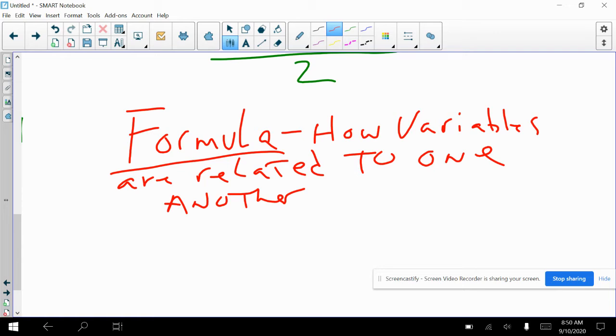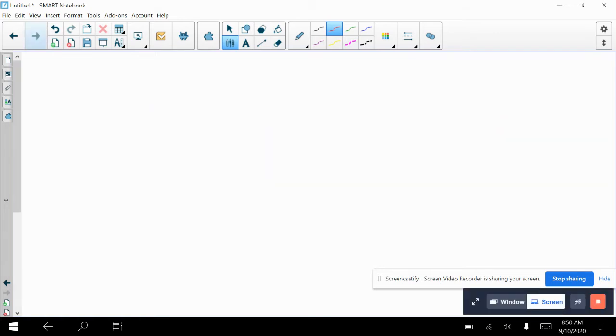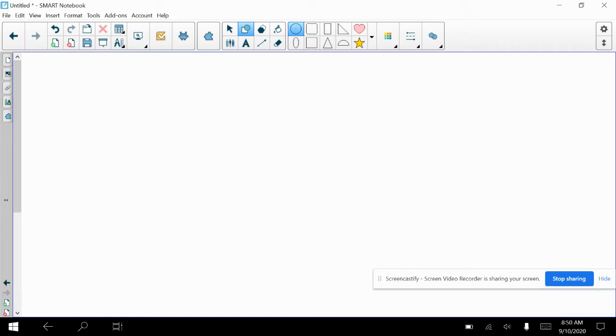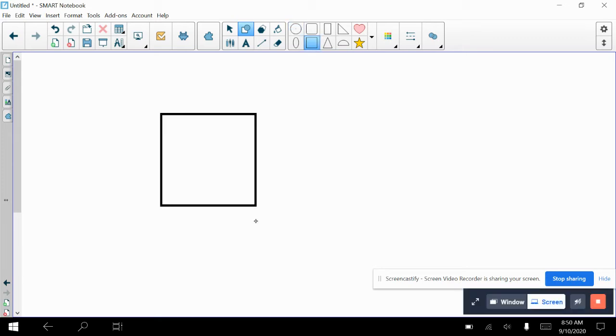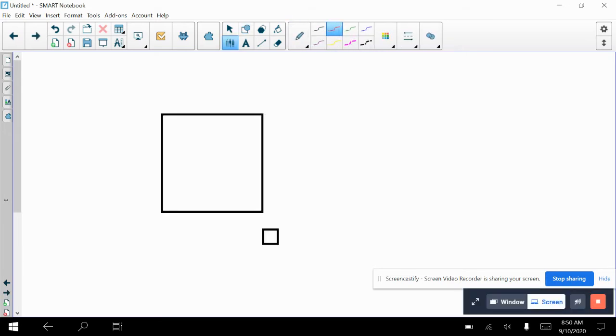All right, here we go. My shapes. All right, let's start off easy. I have 4 meters by 4 meters. There's my shape. They're going to label the shape.